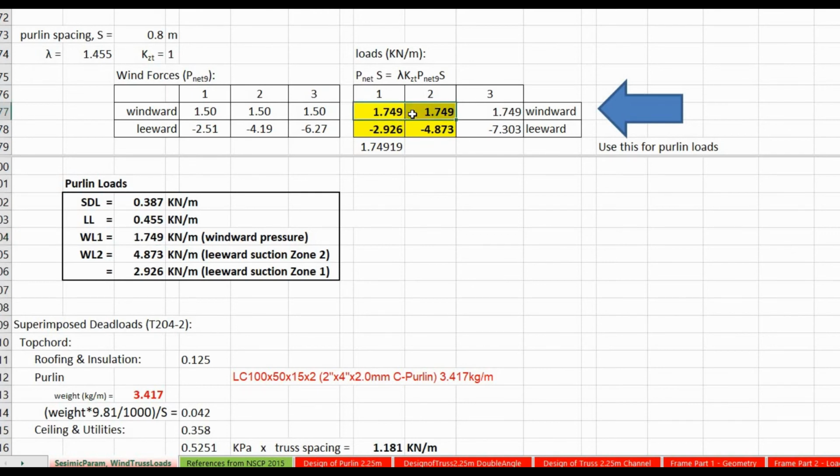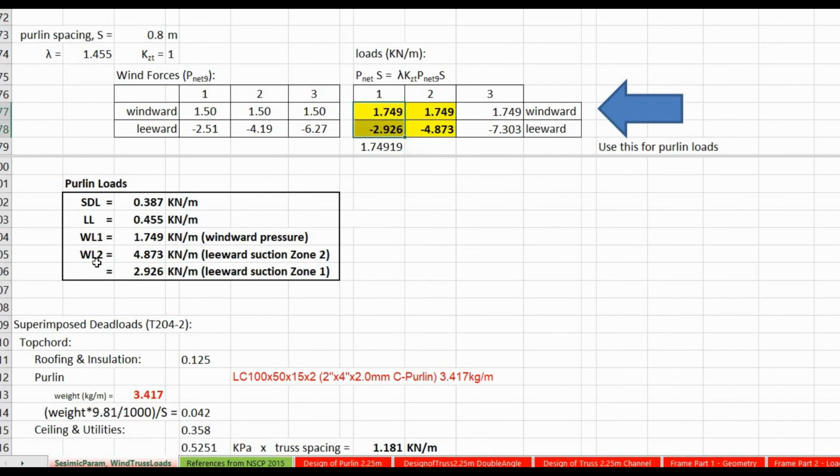Maximum among these two. Now, we go to WL2. Yan naman yung leeward. Okay? Leeward means suction. Hihigupin niya yung roofing mo. So, for zone 2, we have 4.873. Ayan siya, under zone 2. And then we have 2.926 para sa zone 1.